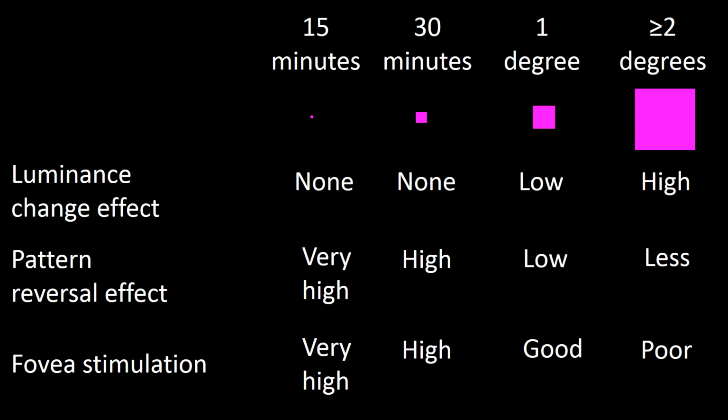Larger checks stimulate the periphery of the retina more than the macular or foveal area. It is important to recognize that the periphery of the retina is less well represented at the occipital cortex than the central retina.